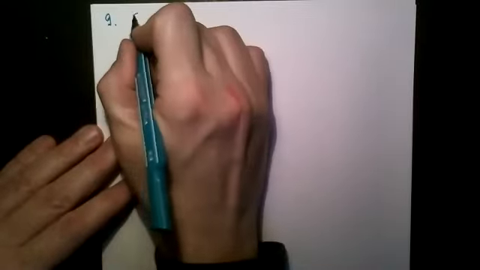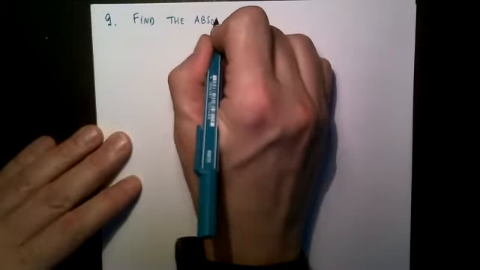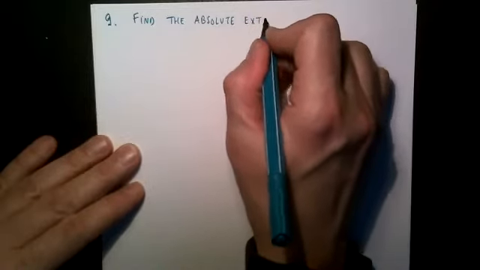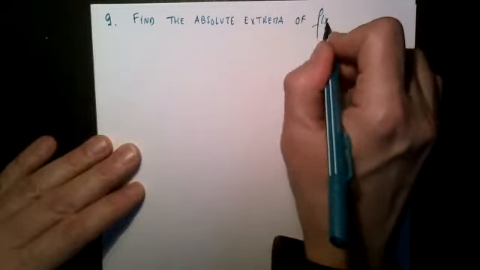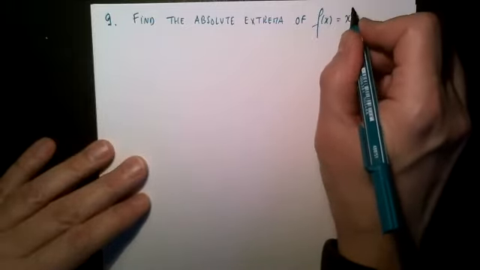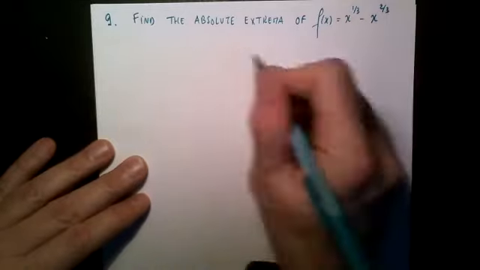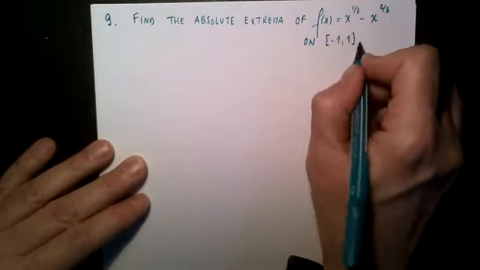So question 9. Find the absolute extrema, means maximum and minimum, of f of x equals x to the power 1/3 minus x to the power 2/3, on the interval [-1, 1].